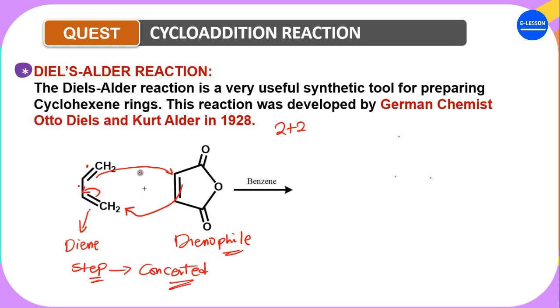So what is the product of this reaction? It's a very simple reaction. This one comes here, so the product will be something like this. You have this, and then this, and you know this bond has packed here, so we have something like this, okay? And then you have your CH2, you have your CH2.